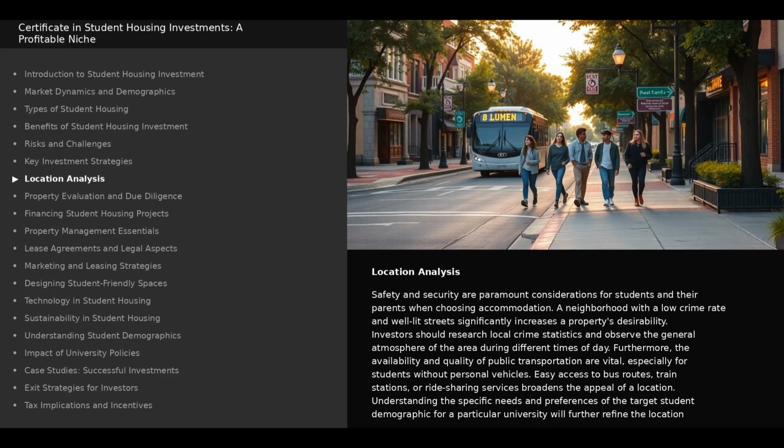Furthermore, the availability and quality of public transportation are vital, especially for students without personal vehicles. Easy access to bus routes, train stations, or ride-sharing services broadens the appeal of a location. Understanding the specific needs and preferences of the target student demographic for a particular university will further refine the location analysis, ensuring the investment aligns with their priorities.